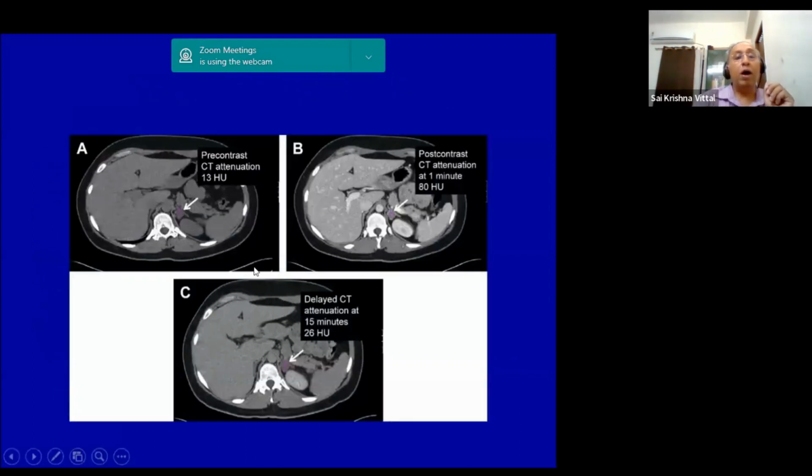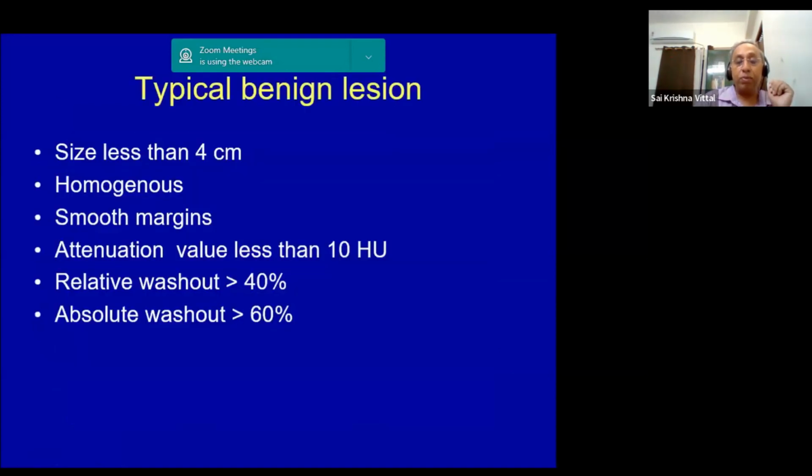This is a picture which shows the pre-contrast view. And here you can see where the arrow is pointed. Contrast is injected, and this is the 1 minute view. And this is a delayed view where you can see how the contrast is rapidly taken up and rapidly washed out as well.